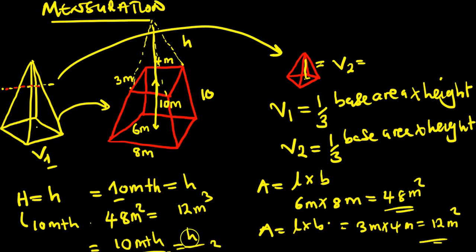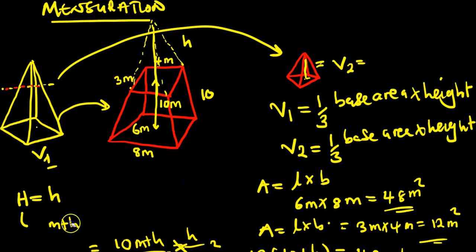Okay, so at this point we cross multiply, and what are we going to have? We are going to have 12 multiply 10 plus H is equals to 48 multiply H. Okay, so let me just clean up this part here.